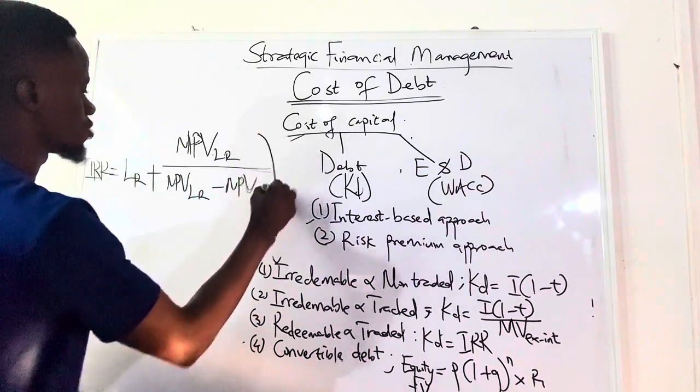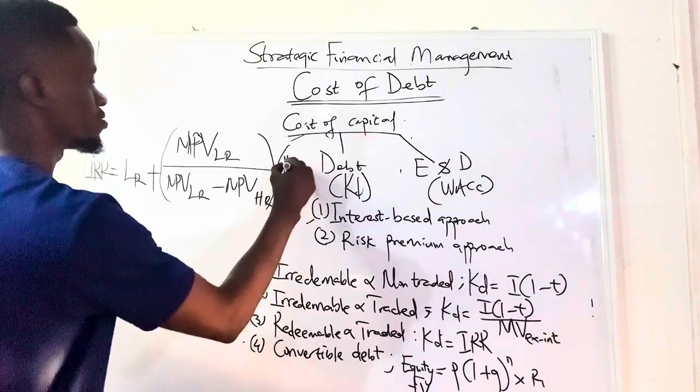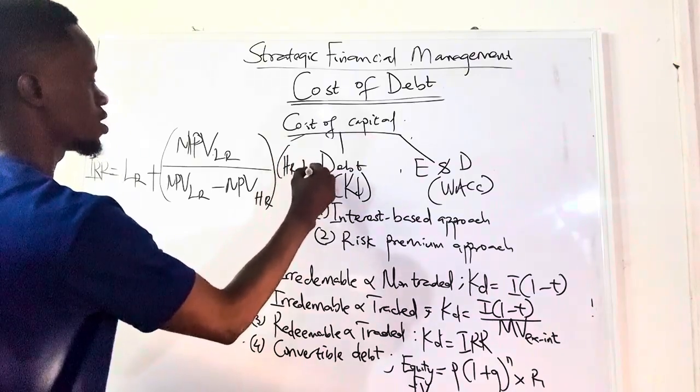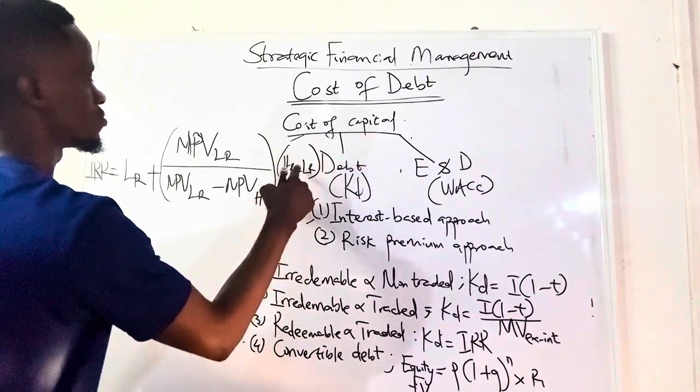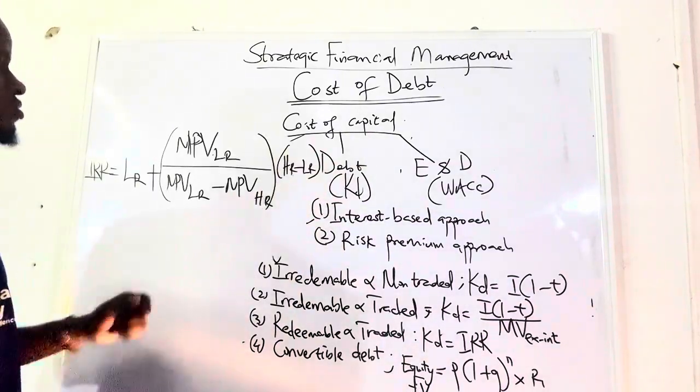Put it all into brackets, times higher rate minus lower rate. So this is it.